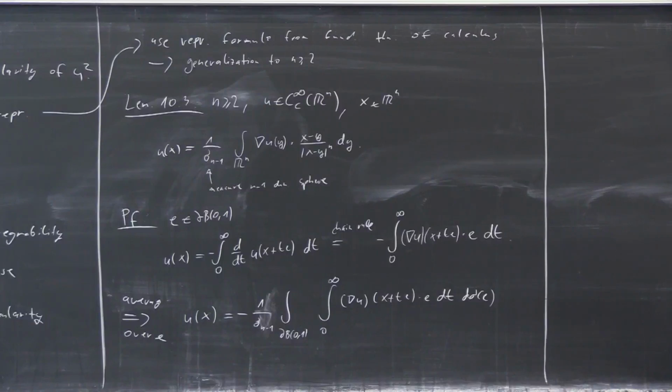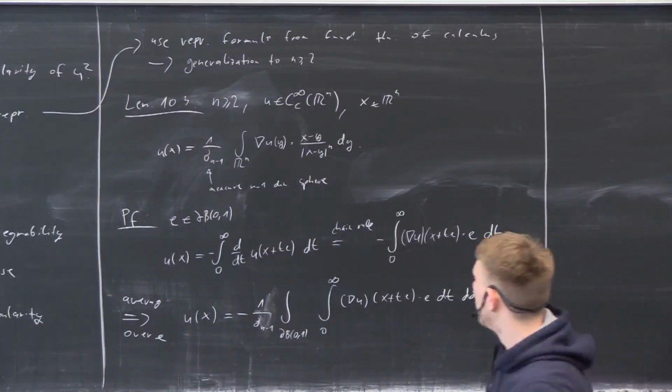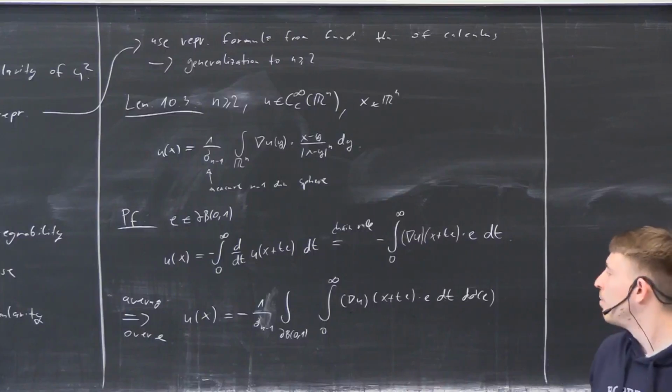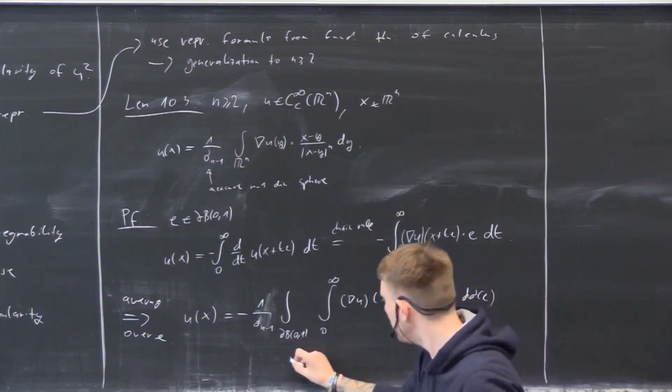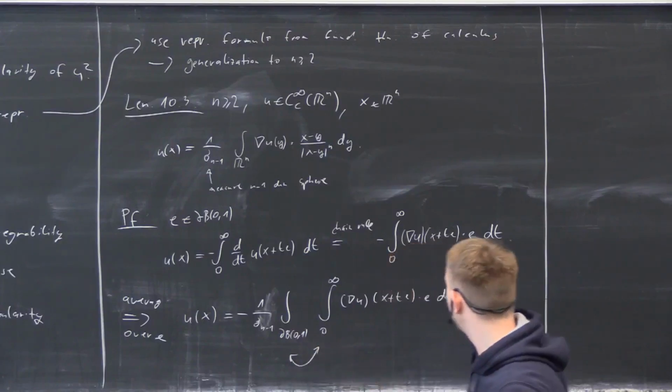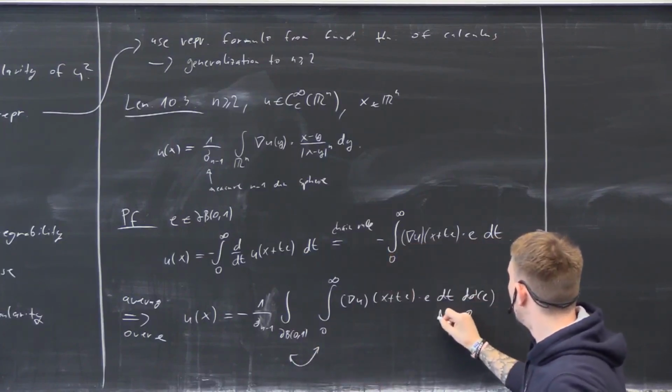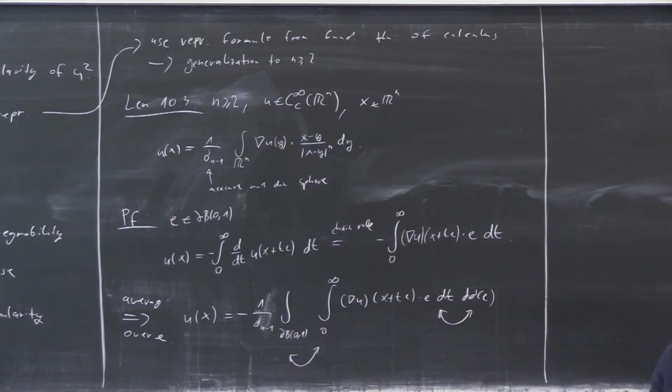so that I can go back to an Rn integral using polar coordinates. I can just apply Fubini because u is regular and compactly supported. So I will be able to interchange these two and these two. And as I said, I want to use a substitution to get polar coordinates.